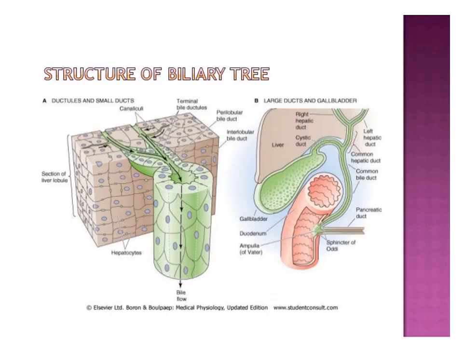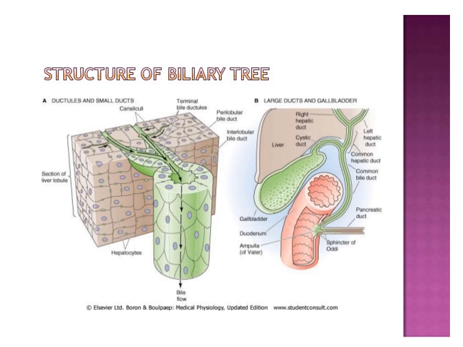The duct system of the biliary tree. Now the system of channels through which the bile flows from the hepatocytes to the gallbladder and then to the duodenum is called the biliary tree. This system is divided into two parts, intrahepatic and extrahepatic.